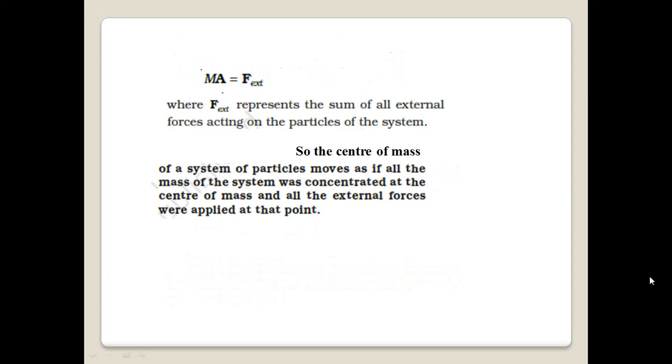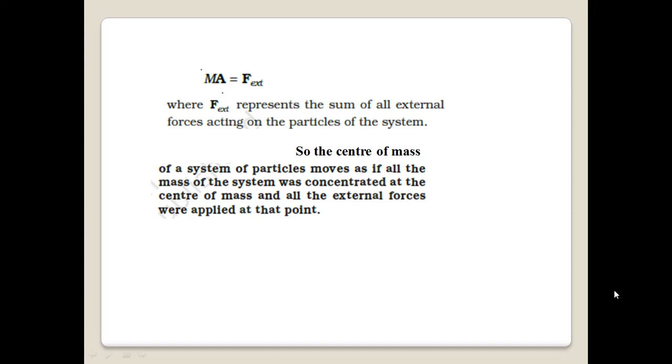So we can write mass into acceleration of the center of mass as equal to all the external forces acting on the system of particles. Now we must make note that no internal force of the particles is considered here. The internal forces of all the particles will add up to 0, and will have no effect on the center of mass of the system of particles.